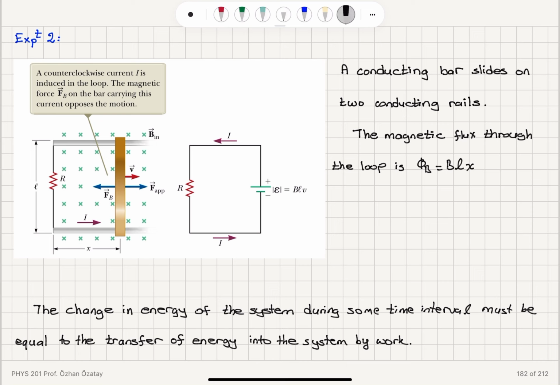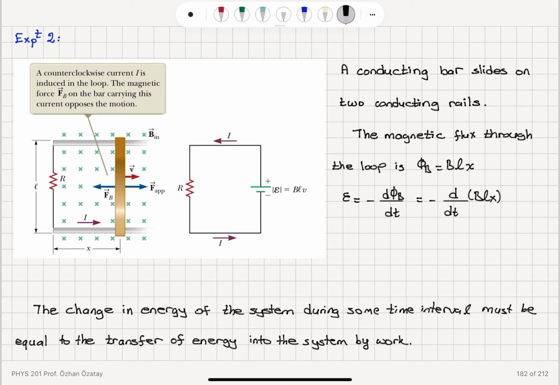According to Faraday's law, the induced EMF will be epsilon equals minus d phi_B/dt, the rate of change of magnetic flux, and that will be equal to minus d/dt of the flux BLx.